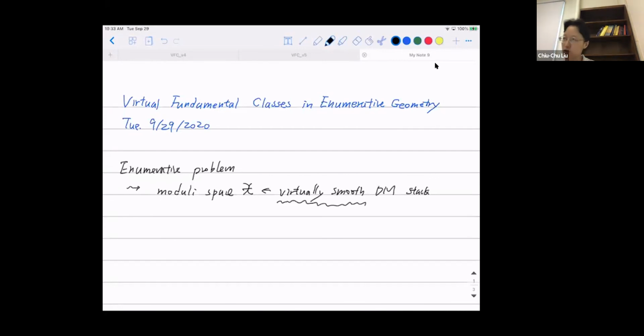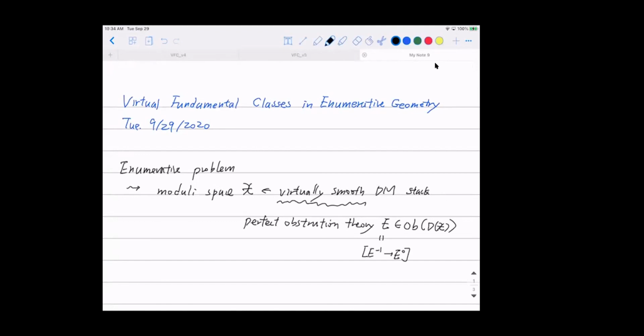By virtually smooth, this means it is equipped with a perfect obstruction theory, which I will define more precisely later. But it is an object in the derived category on this Deligne-Mumford stack, and locally it is a two-term complex of vector bundles.